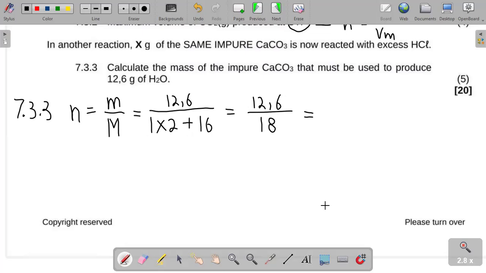Use your calculator here, and that gives me 0.7 moles.